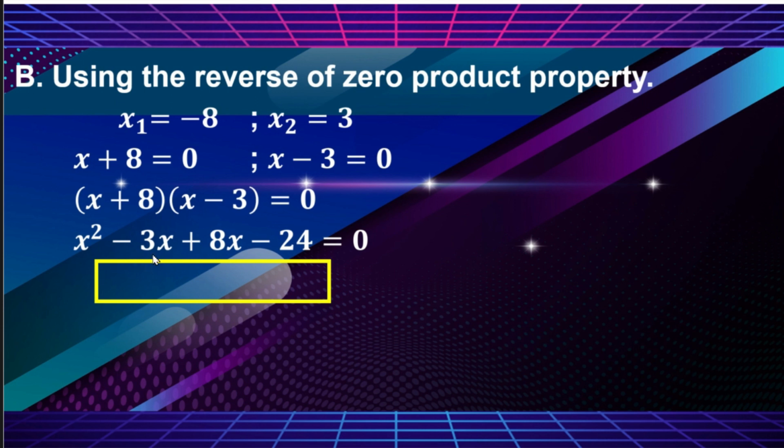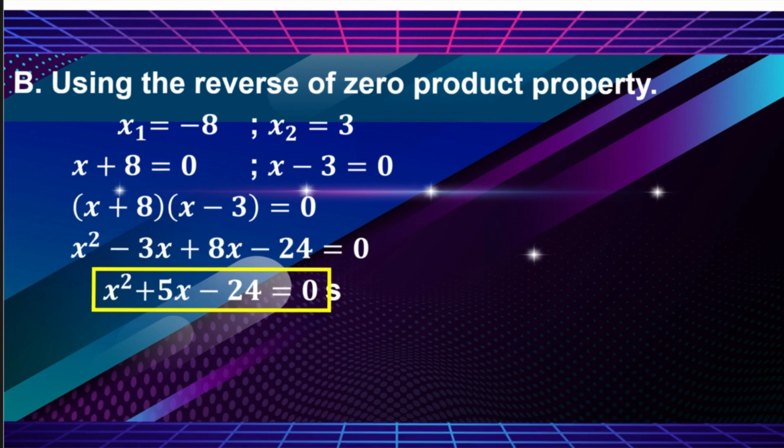So negative 3 plus 8, different sign again, then we are going to subtract. 8 minus 3, that is 5. Copy the sign of the bigger number, so it is positive. So the answer is x squared, katong answer nga 5x, positive 5. Copy minus 24 equals 0.